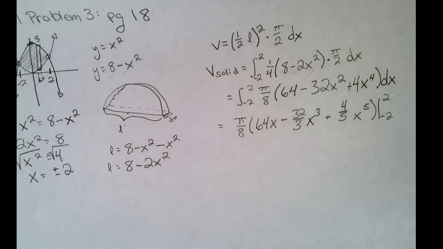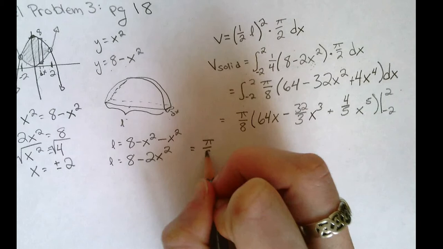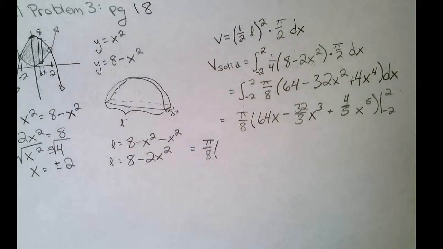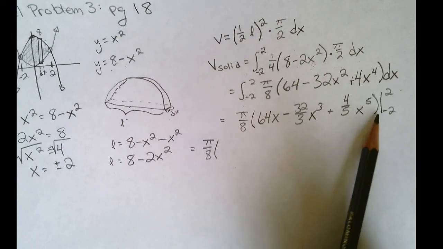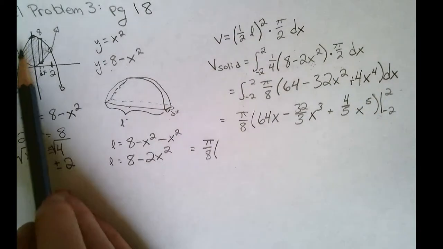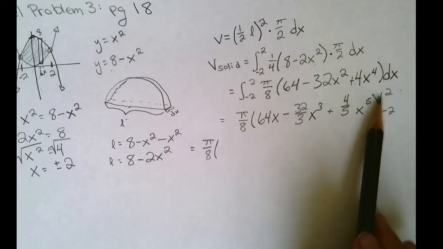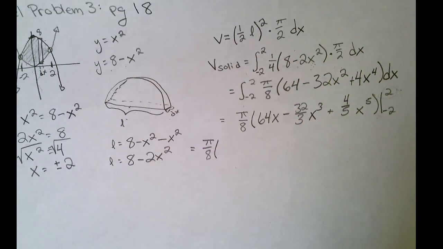Now we have a bunch of simplification to do here. We're going to plug our 2 and our negative 2 in first. So what we're going to have is a pi over 8. And if you remember our rules for our even functions, what it says, if it's an even function here and it's symmetrical on both sides, is it's really just that top function, evaluate it, and multiply it by 2.